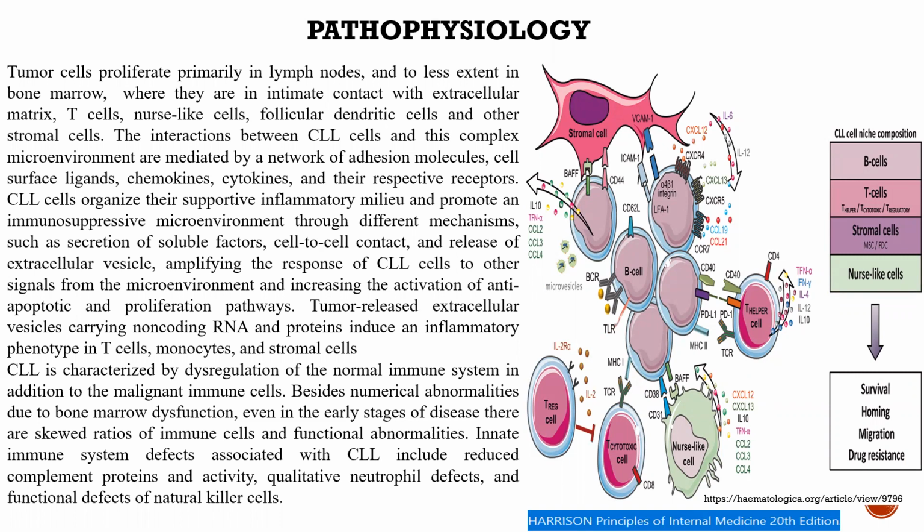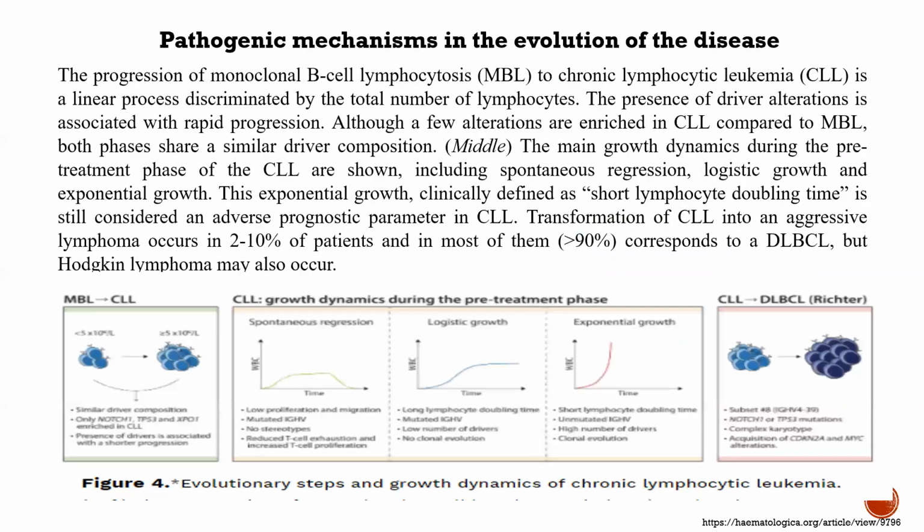Besides numerical abnormalities due to bone marrow dysfunction, even in early stages of the disease there are skewed ratios of immune cells and functional abnormalities. Innate immune system defects associated with chronic lymphoblastic leukemia include reduced complement proteins and activity, quantity of neutrophil defects, and functional defects of natural killer cells.